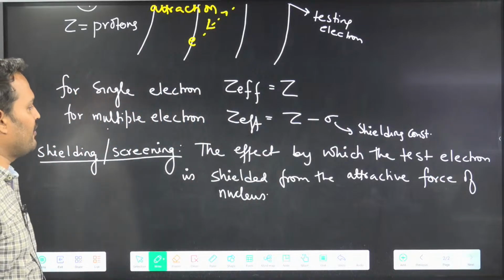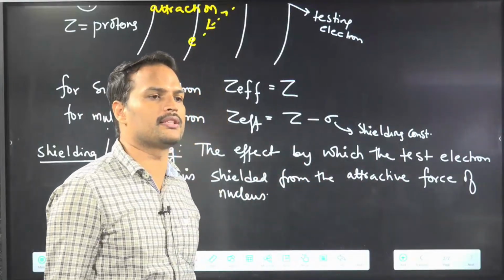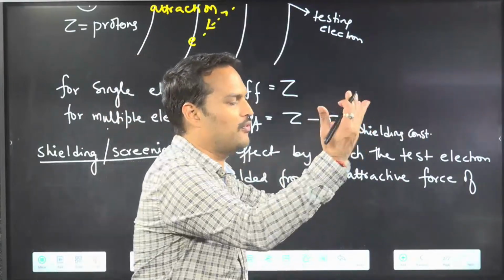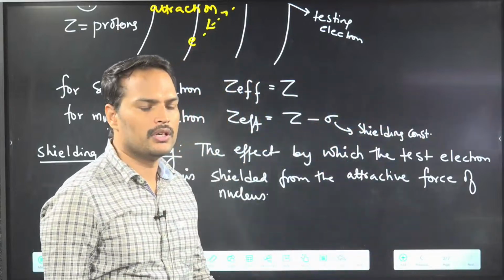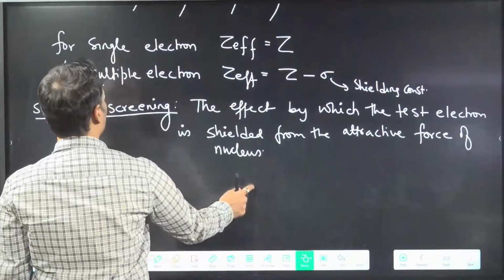So the effect by which the test electron is shielded from the attractive force of nucleus. Nucleus is attracting, but someone is coming in between. Clear? So that is known as your shielding effect.